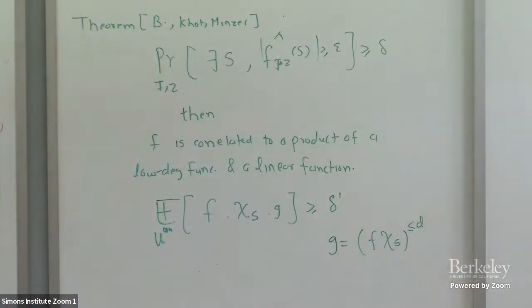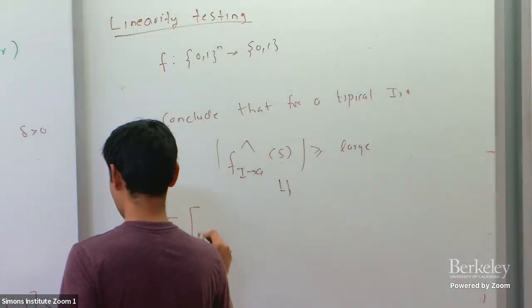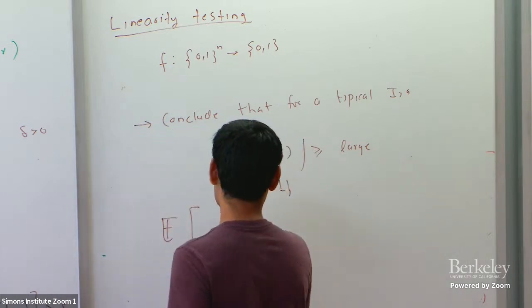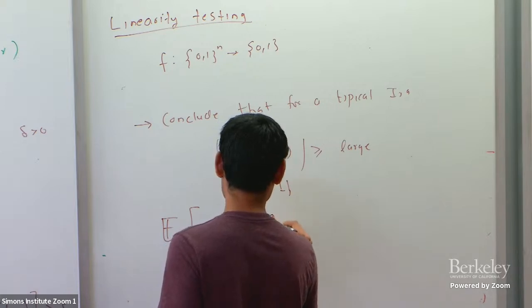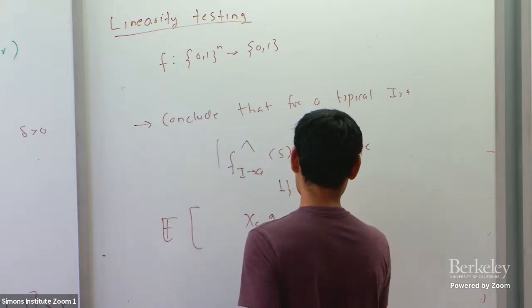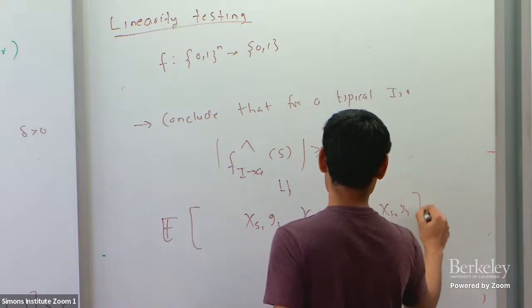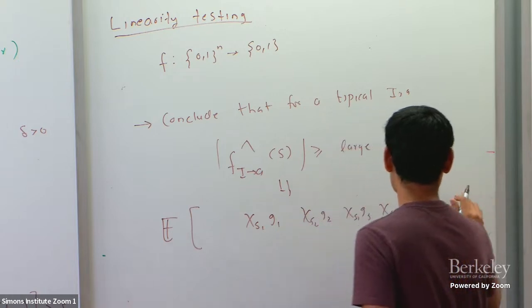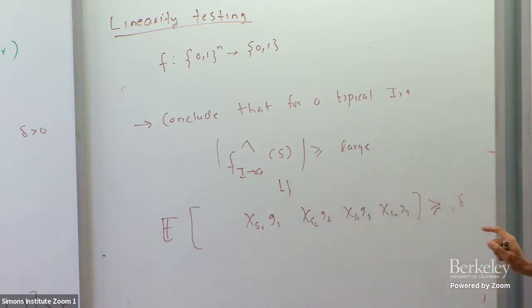So from this, we can conclude that not only this, the expectation of g1, g2, g3, g4 is large. I just write delta here, but it's some function of delta.